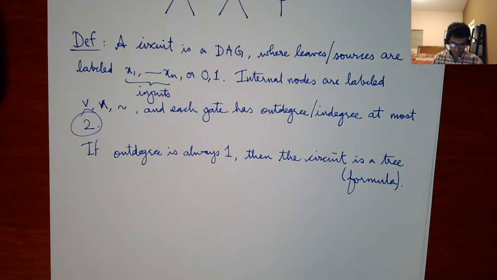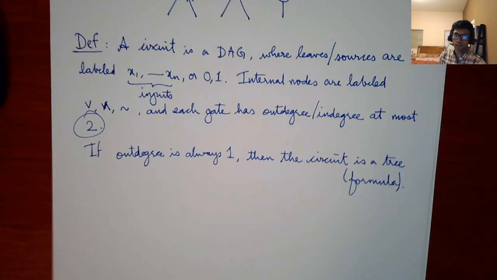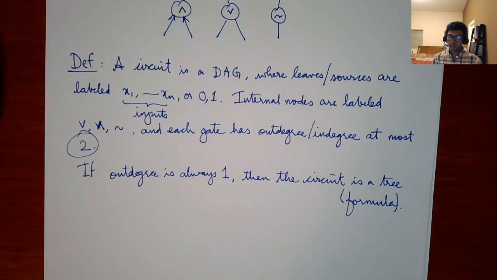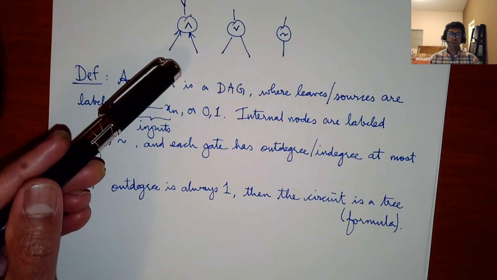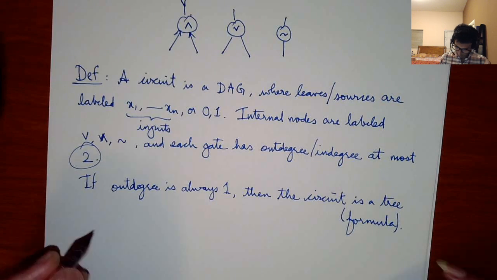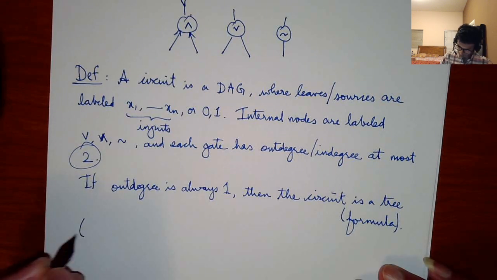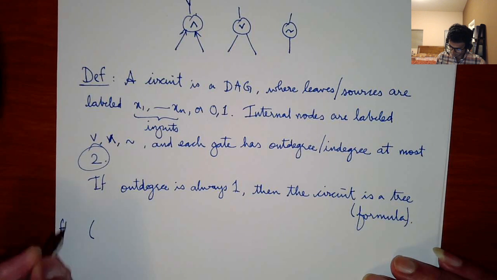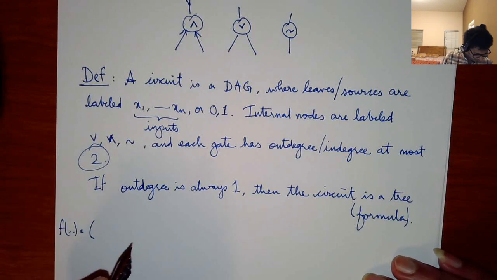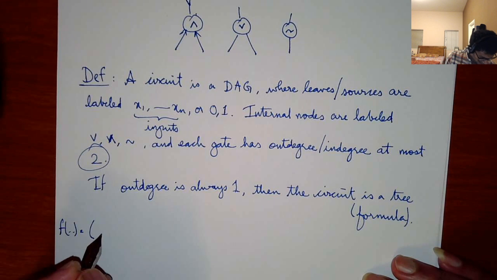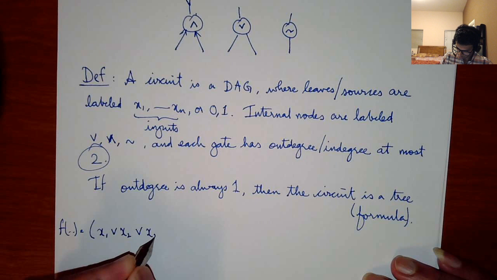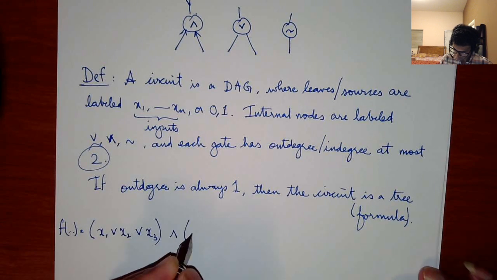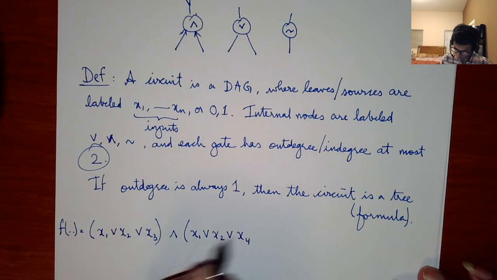Okay, so just to give you an example of a simple circuit, so the idea is you can reuse a computation in a circuit. So let me give you an example. Let's say suppose we're looking at the function, which is going to have 4 inputs in this case, and it's (x1 or x2 or x3) and (x1 or x2 or not x4), let's say.